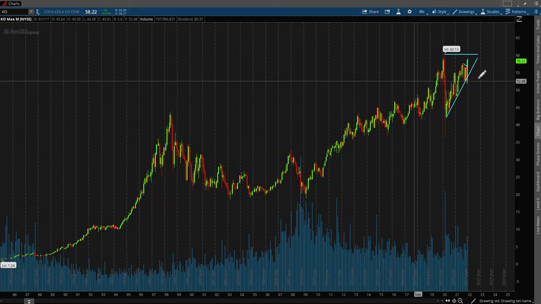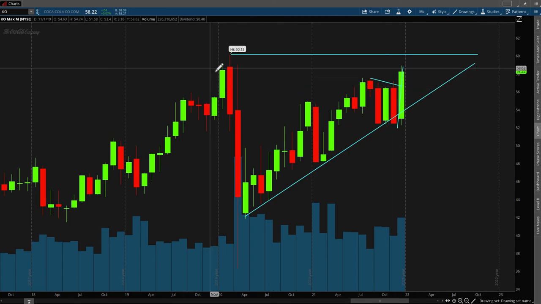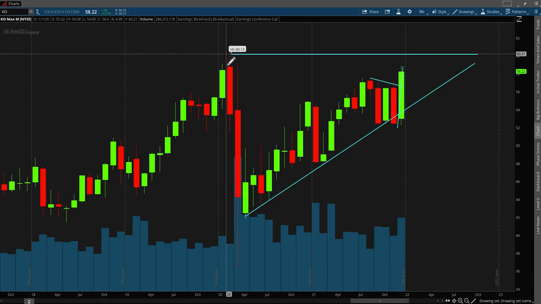Basically, you can see here this is kind of a triangle shape it's forming. You can call this the highest resistance level, or you could draw it on the open of this red candlestick right here. As you can see, guys, it is forming kind of a flag shape and an ascending triangle. Ascending triangles always pop up and break out and keep ascending, which is a good thing if you're in a long position and not shorting it.